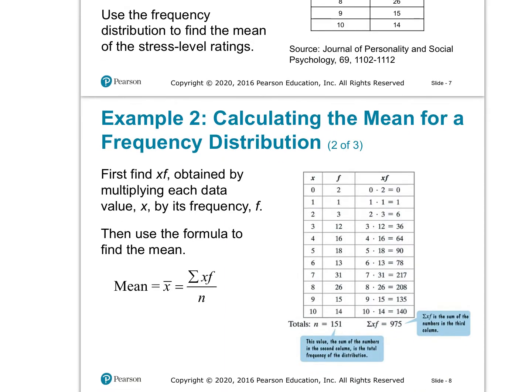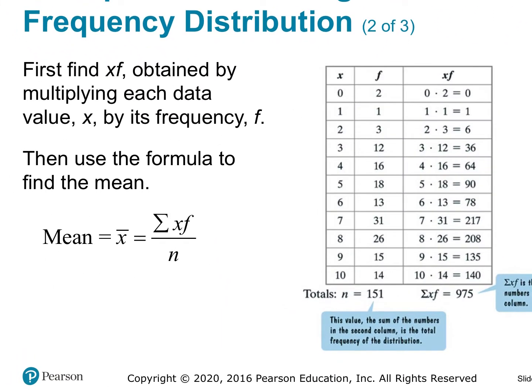So what we're going to do is multiply, so 0 times 2, that's 0. So 1 times 1 is 1, 2 times 3 is 6, 3 times 12, 36. So these are all the numbers we're going to add together.